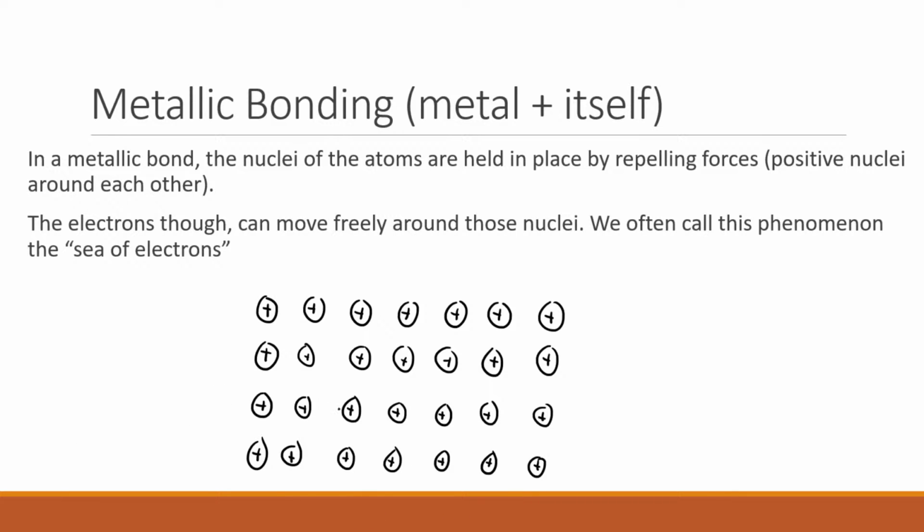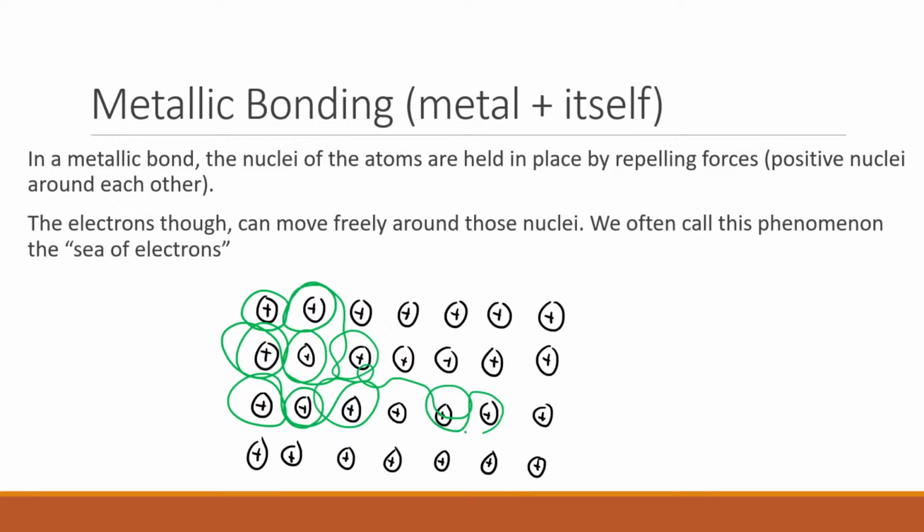Nuclei are held in place. The electrons, which again I'm going to make green, are pooled together to form a universal, accessible sea of electrons. And they go wherever they want. They meander around, and they get to belong to every one of these nuclei, and yet also to none of these nuclei. We can just draw this pattern moving wherever we want.